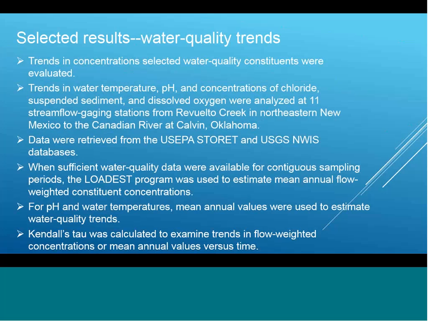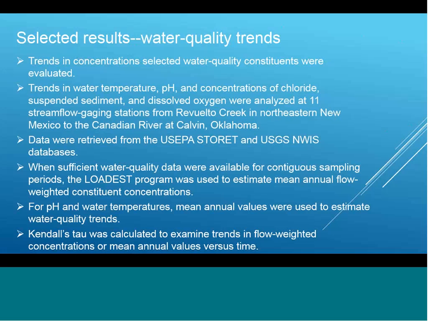So we were looking for sites with long-term streamflow records, so streamflow gauging stations operated by the USGS, and also sites that had substantial water quality data, hopefully continuous data for several decades, but at some sites they were kind of discontinuous with several-year breaks between data collection at the site.